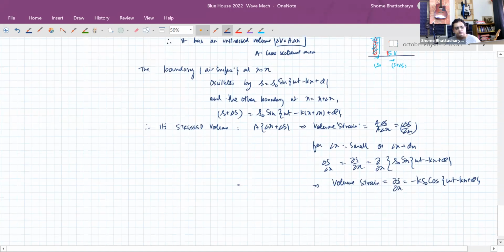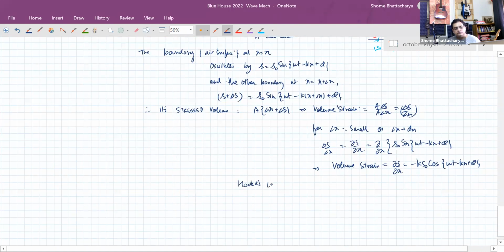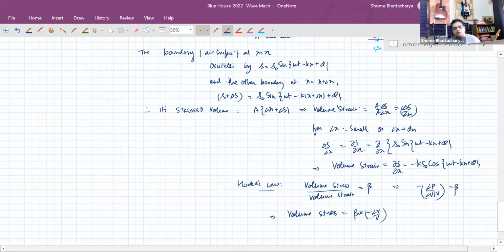Now by Hooke's law, the ratio of volume stress to volume strain is equal to Bulk's modulus. So the volume stress is equal to Bulk's modulus into minus of delta V by V. Because we actually write this with a mod.